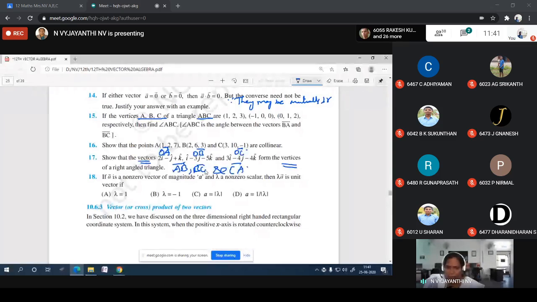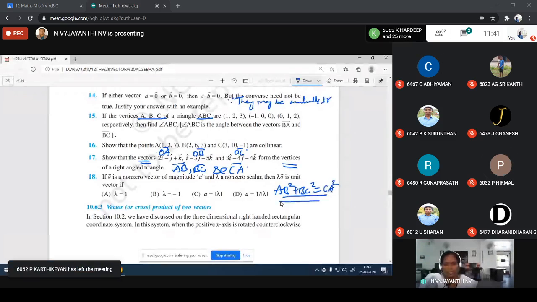AB square plus BC square equal to CA square means Pythagoras theorem is satisfied. In that case, angle B will be 90 degrees. Understood?